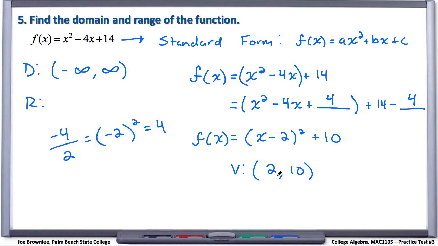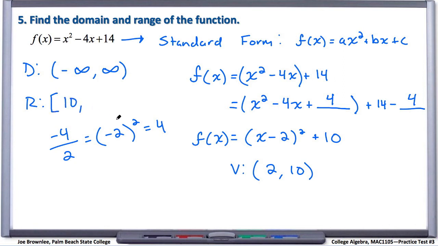You might be asking, why do we have to go through all this work? Remember what we talked about in, I think it was, question 1. The vertex of a parabola that opens up is the lowest point on that graph. If the lowest point on our parabola is at the point (2, 10), then the smallest y value this graph will ever have is positive 10.